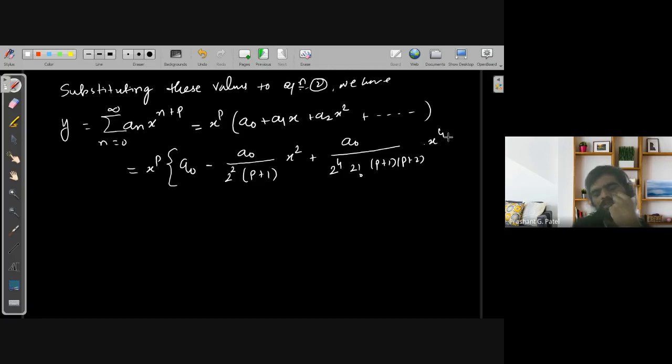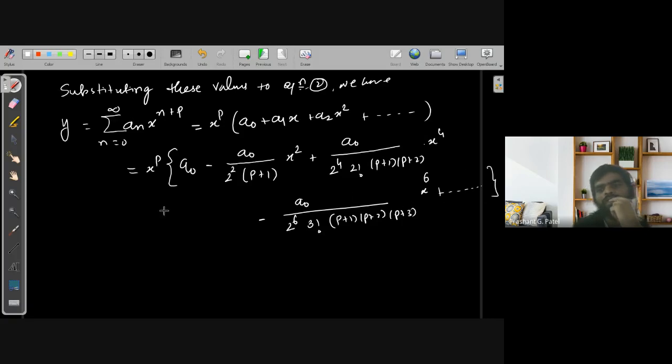The next term is 0 for a5. Now the value of a6, we will have minus a0 upon 2 raised to 6, 3 factorial p plus 1, p plus 2, p plus 3, x power 6, and so on.